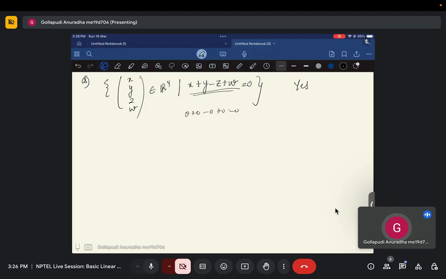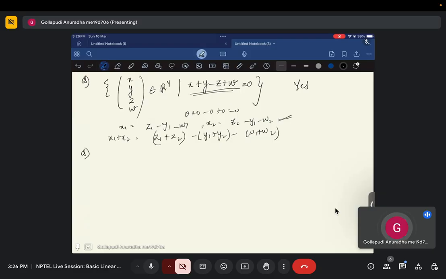And then even if you take x1 is equal to z1 minus y1 minus w1, and x2 is going to be z2 minus y2 minus w2, and if you add them, you'll be getting z1 plus z2, so actually you must get this one, and you will get this one. So you will get this one from even this relation, so that's going to be a vector space.